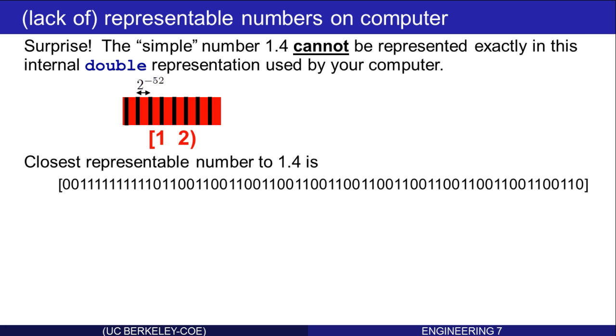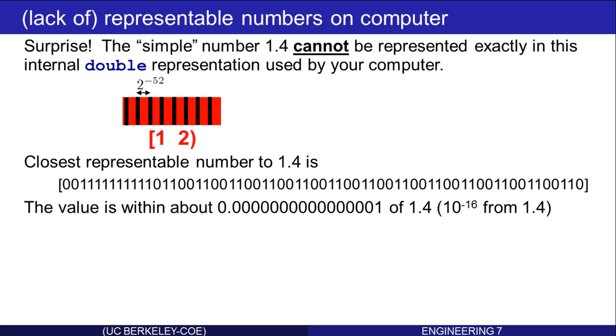We haven't discussed how to interpret these yet. Its value is within about 10 to the minus 16th from 1.4. That makes sense. Remember, the gap between those black lines is about 2 times 10 to the negative 16th. Any number in the red, a real number, should always be within 10 to the minus 16th of a black line.